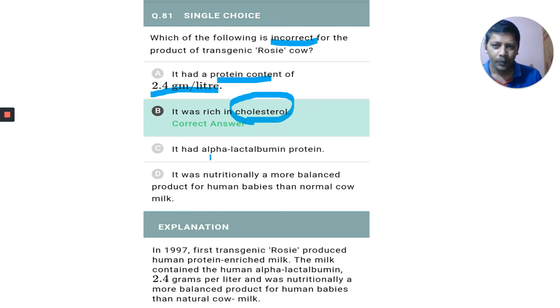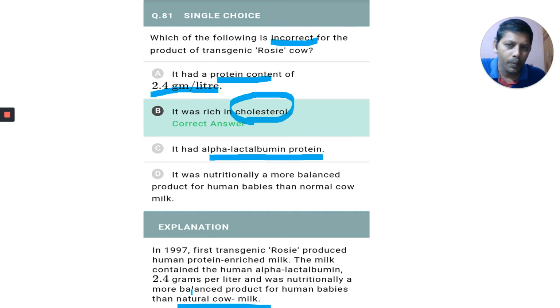It has alpha-lactalbumin protein, and it was a nutritionally more balanced product for human babies than normal cow milk. In 1997, the first transgenic cow, Rosie, produced human protein enriched milk. The milk contained human alpha-lactalbumin, 2.4 grams per liter, and was nutritionally more balanced for human babies than natural cow milk.